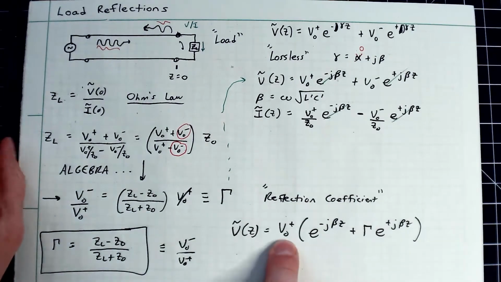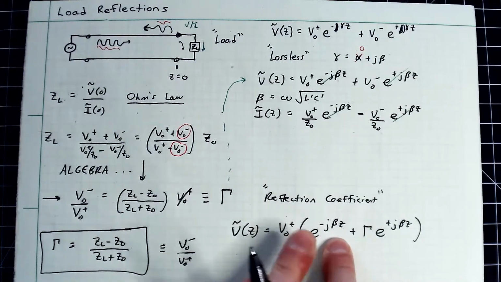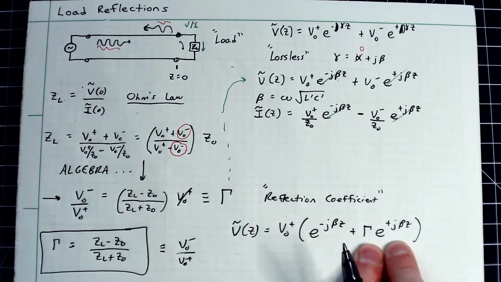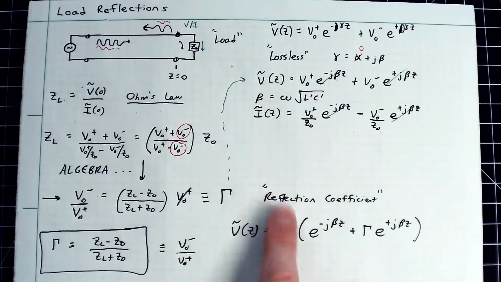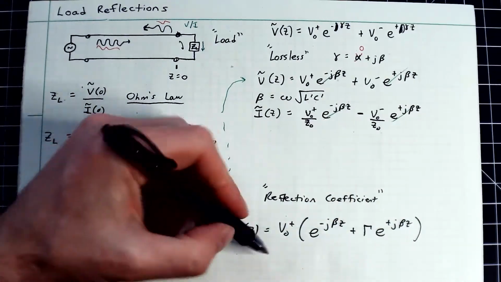So you see, given some excitation, I have my fraction of amplitude in my incident wave, and then there's this gamma term representing my reflected wave. You can see how it pulls this term off to the side when you think about it in terms of gamma.